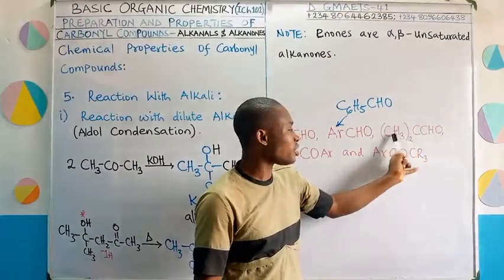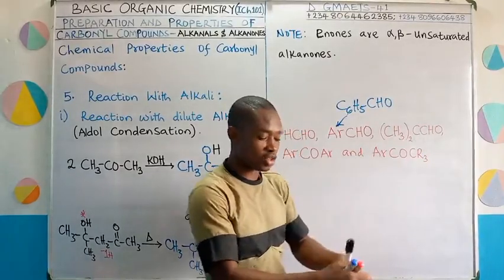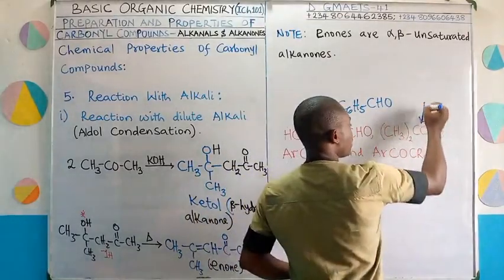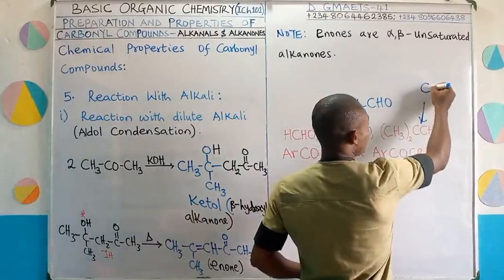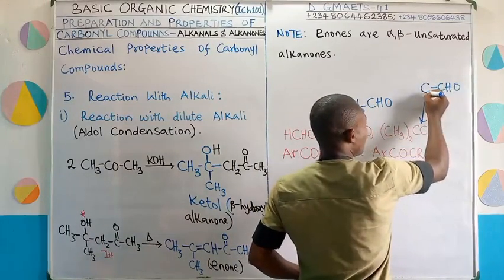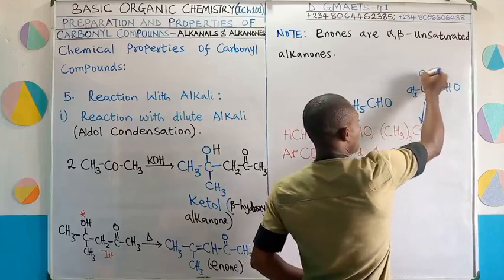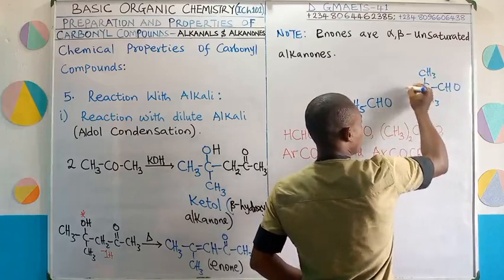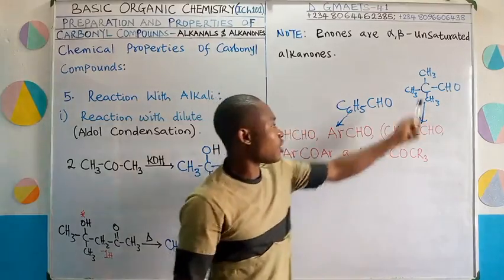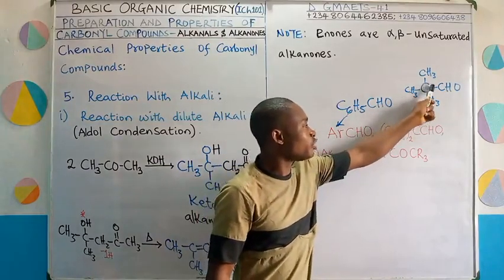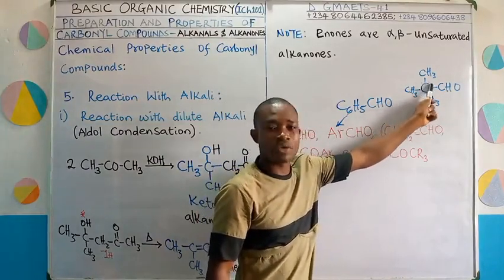On this alpha carbon, there are 3 alkyl groups attached to it. Permit me to expand this compound for you, please. This is just C, CHO, and then on this you have CH3, CH3, and then CH3. Good. Now you notice that this is our alpha carbon. On this alpha carbon, do you have any hydrogen directly attached to it?